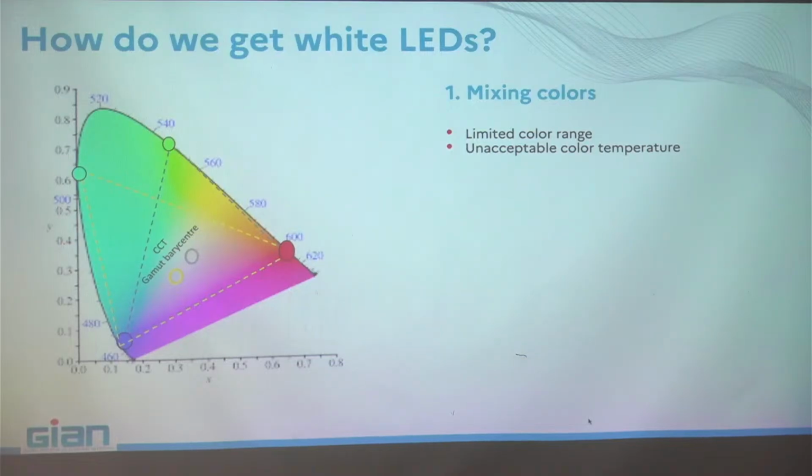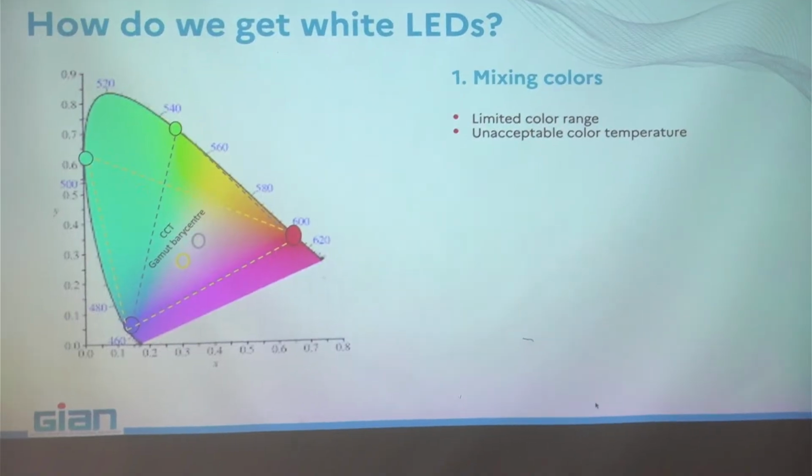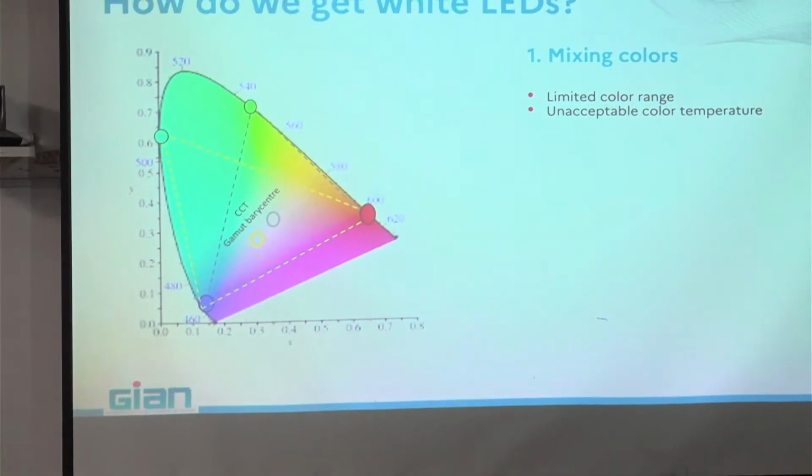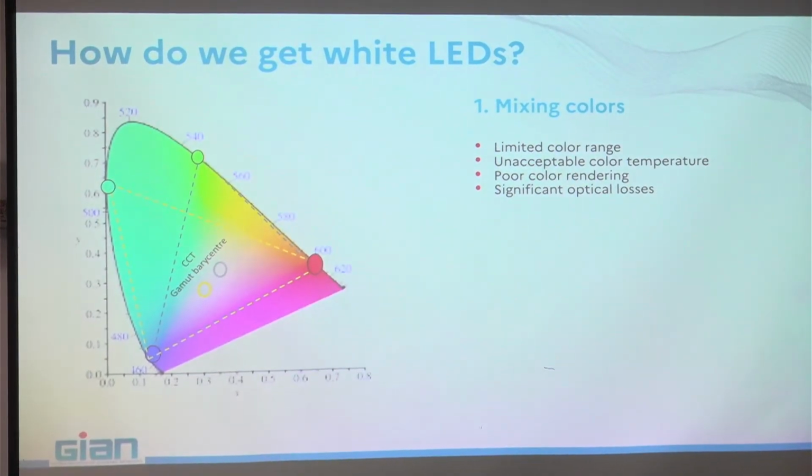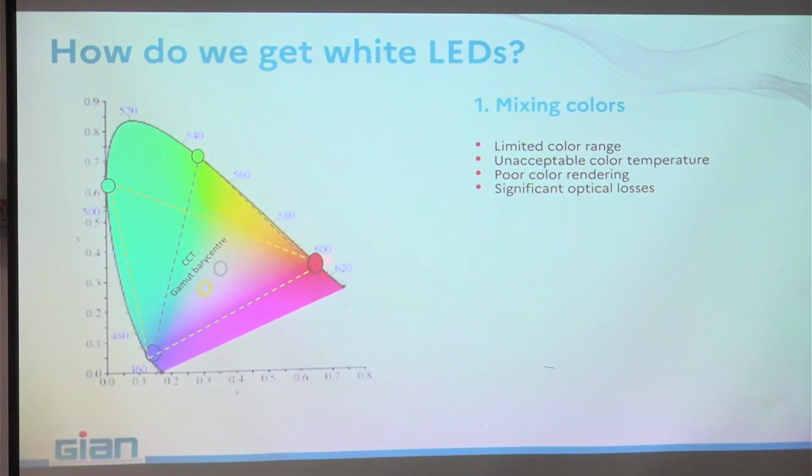We don't like to have color temperatures above 6,000 Kelvin. It is very cold. People don't like it for interior lighting or any kind of lighting. Then, of course, you have poor color rendering, because you can render correctly only those three colors. The remaining will not be very good, and the color rendering index of the system will be bad.